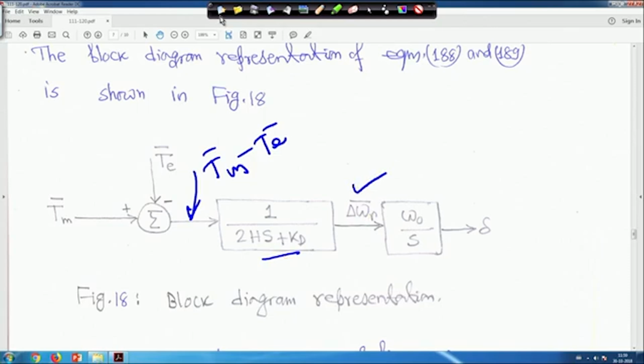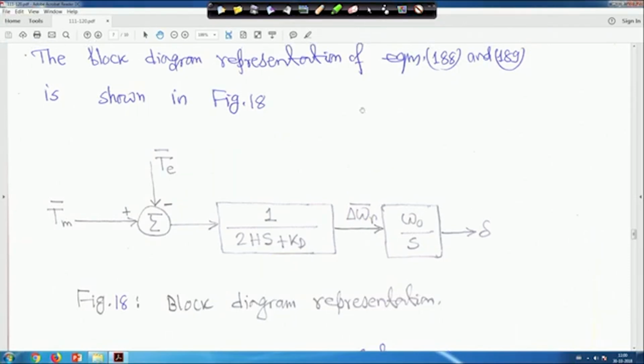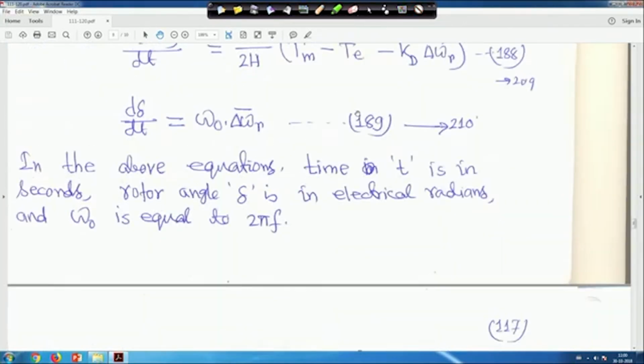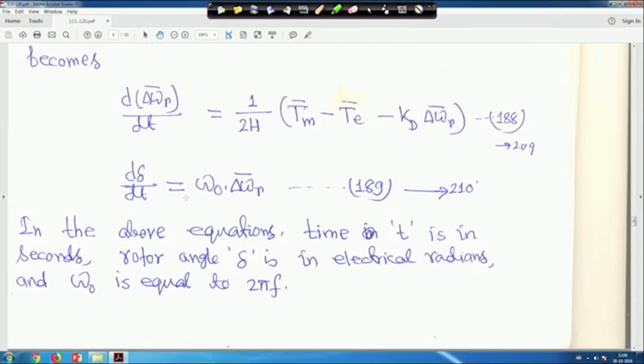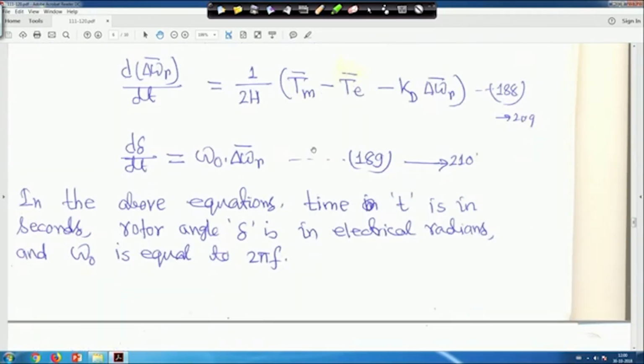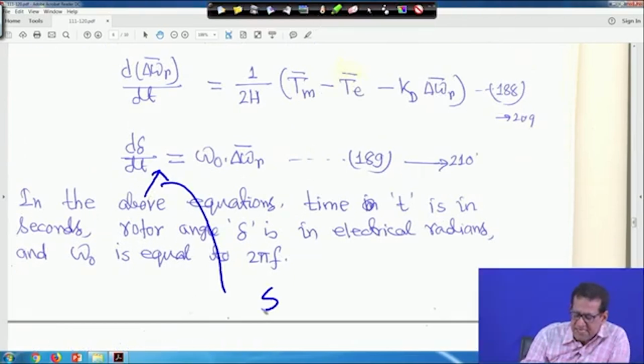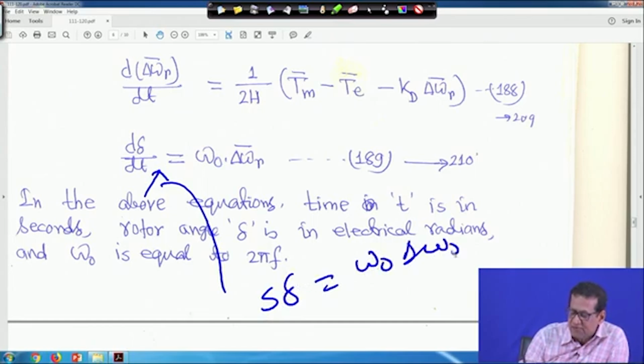Now, again if you see this equation and take its Laplace transform, s delta is equal to omega 0 delta omega r bar.